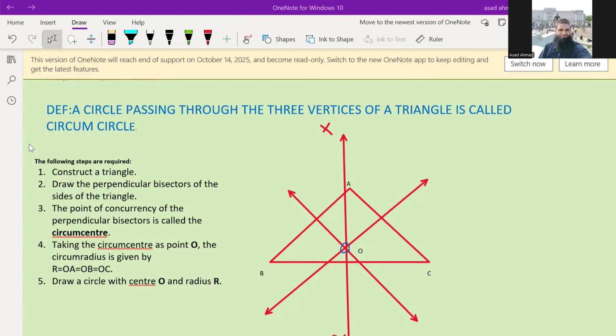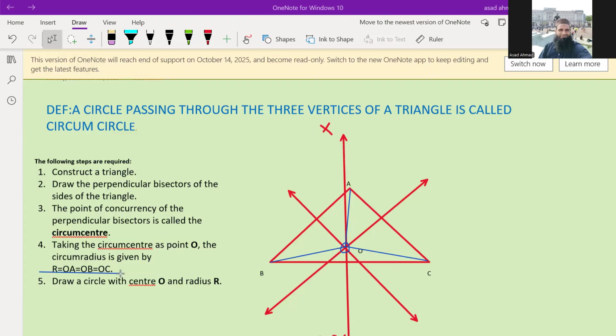For the radius, we will take either O to B, or O to A, or O to C. It is also written right here that for the radius we will take either the O to A distance, or O to B, or O to C. All of them will be equidistant, because the point of concurrency of perpendicular bisectors is always equidistant from all three vertices of the triangle.